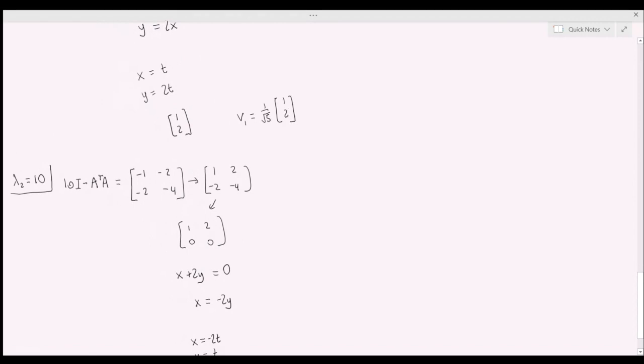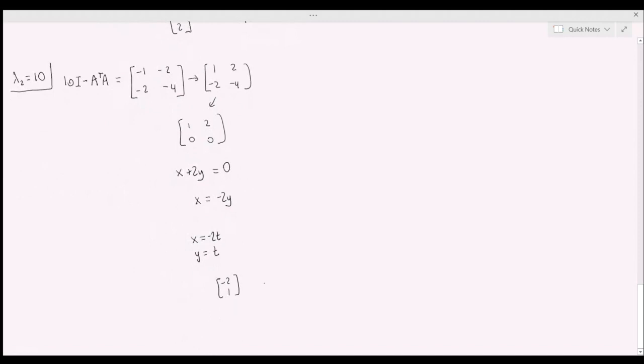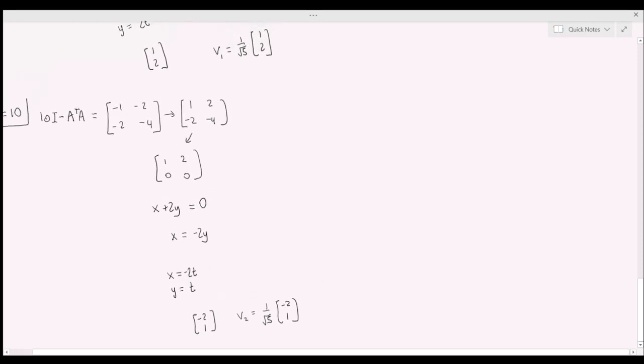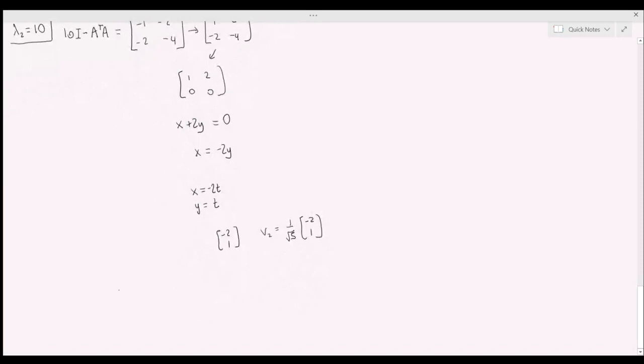It's going to give us v1. And then this guy has the same length. So square root of -2 squared plus 1 squared is root 5. Okay. So then normalizing them gives us the vectors v1 and v2.